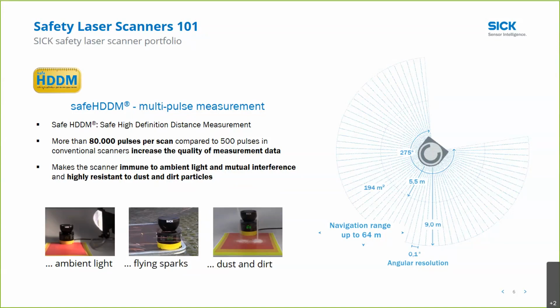The scanner standards say that you need to withstand up to somewhere around 2,000 lux of light. So we're actually 20 times better than that. That's part of what enabled us to create an outdoor rated safety laser scanner, because typically scanners can't deal with the sun all that well. But due to that scanning principle, we actually deal with that very, very well. But we also are able to filter out things like dust and dirt, both falling through the air and accumulating on the screen. Very, very robust performance against those things.